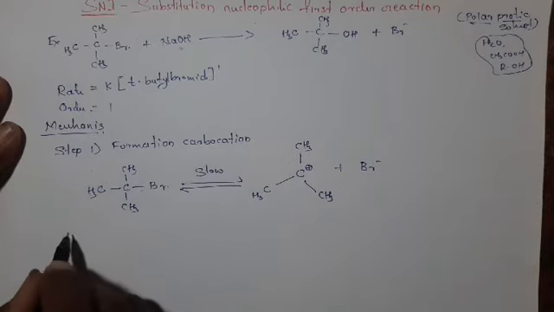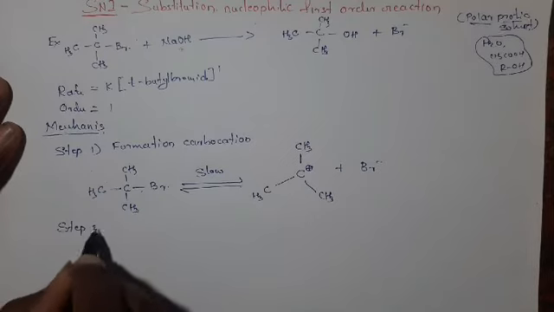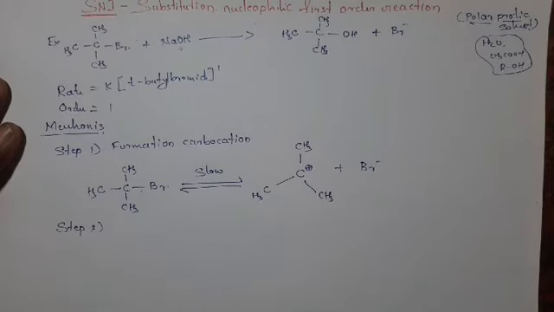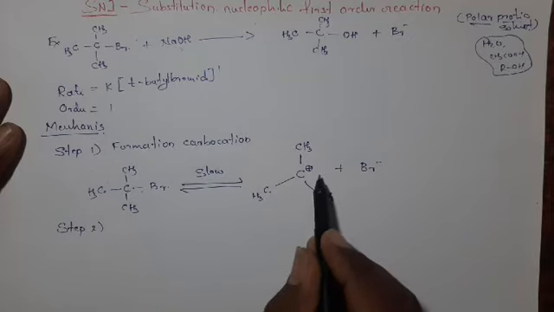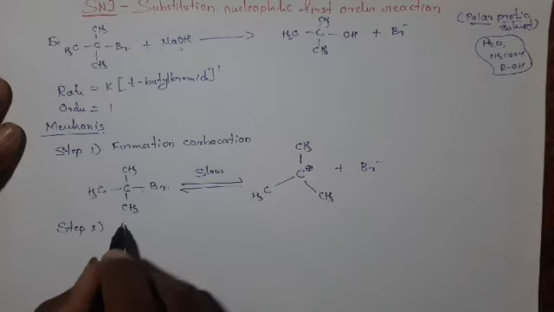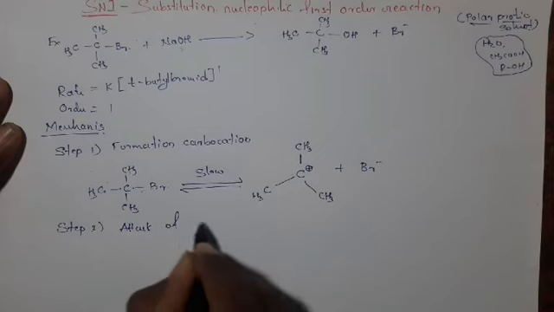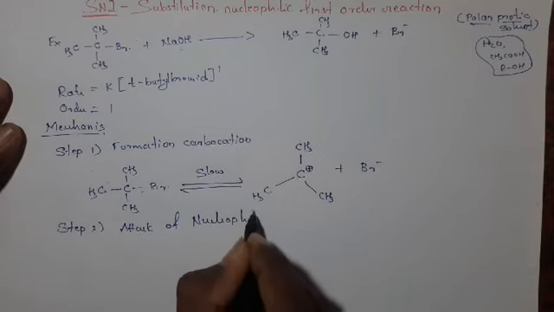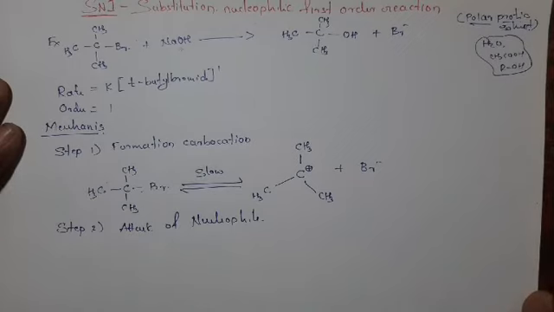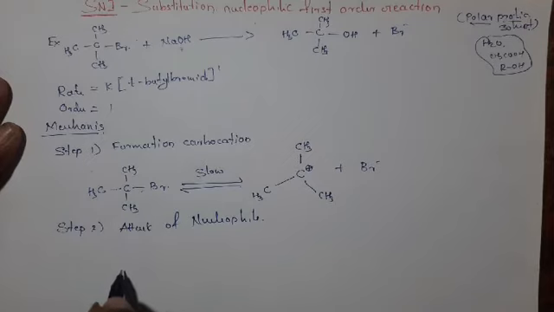Okay. In step 2, the carbocation is there, and the nucleophile attacks the carbocation. Hence, the second step is attack of nucleophile. Let's see.